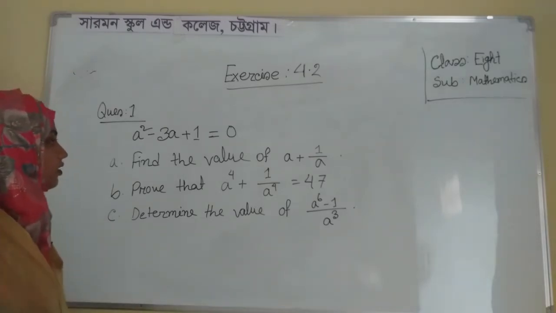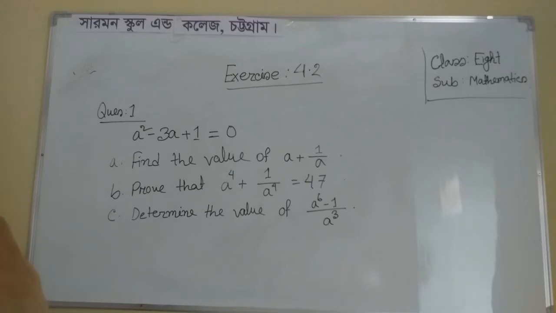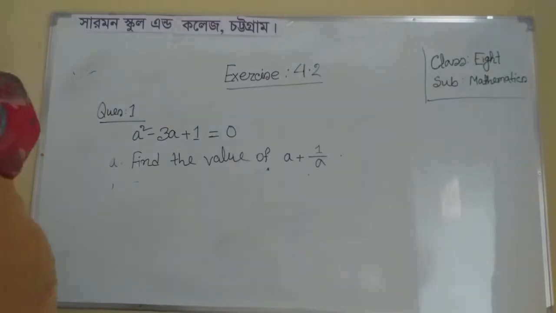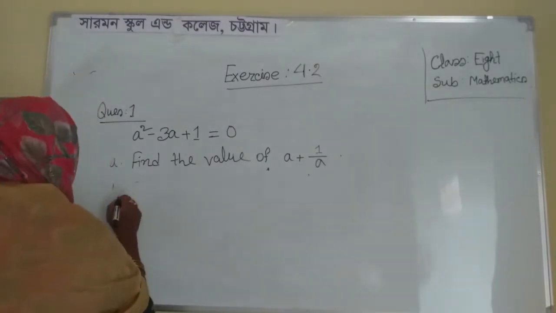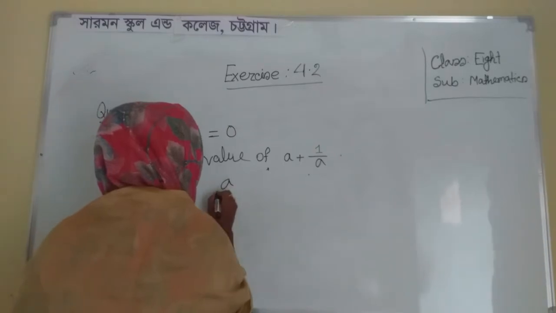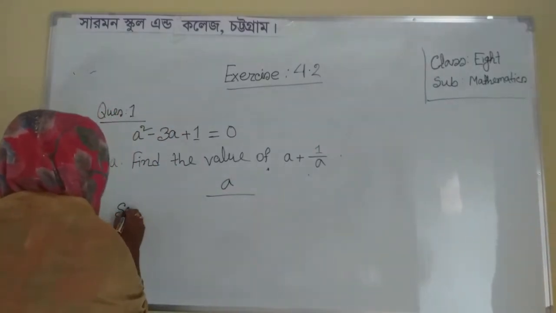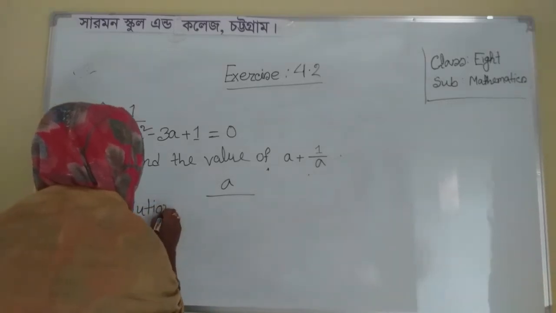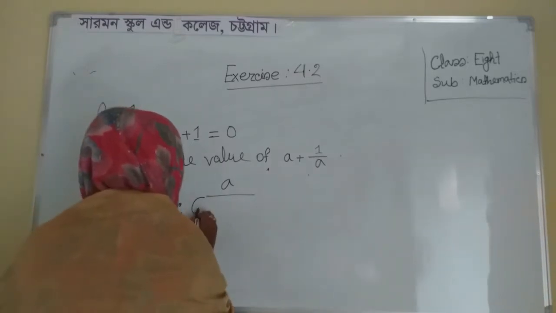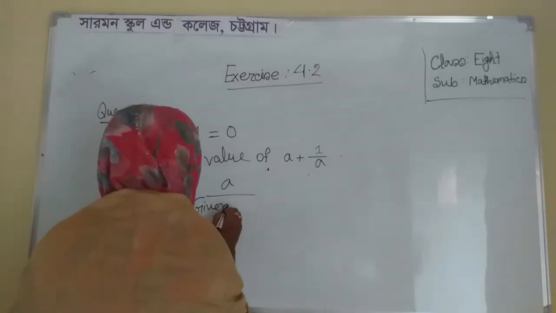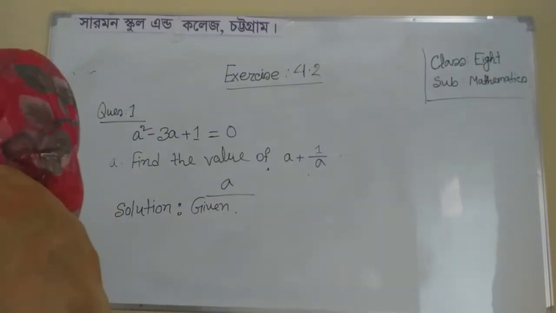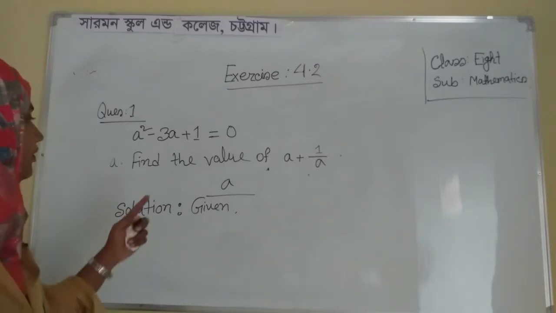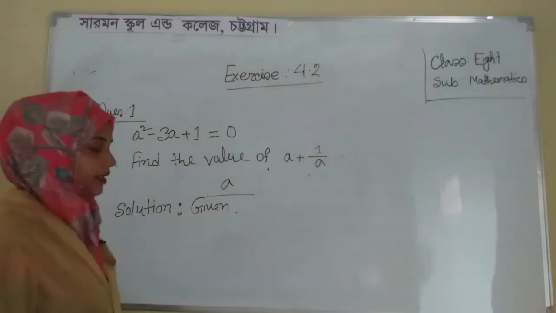First, we solve question number A. From question number A, we see that we have to find out the value of a plus 1 by a.